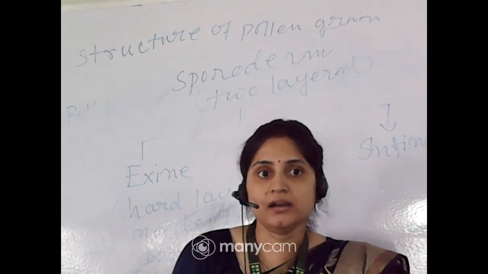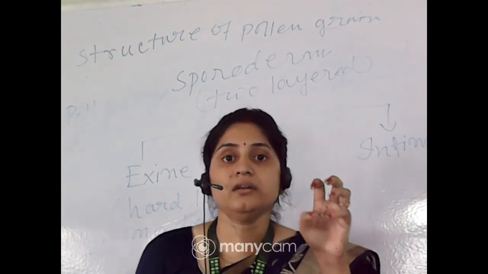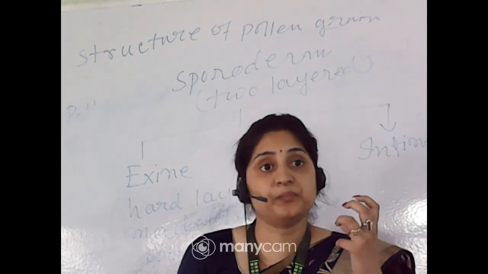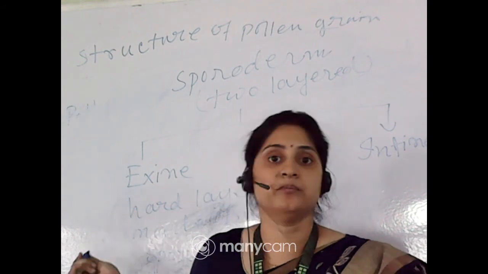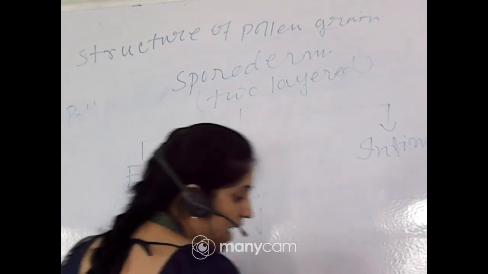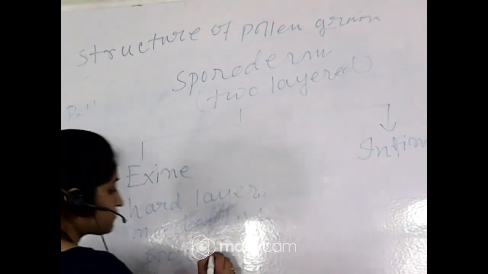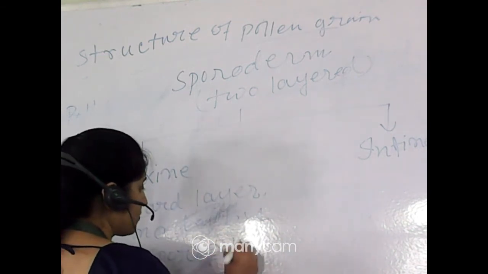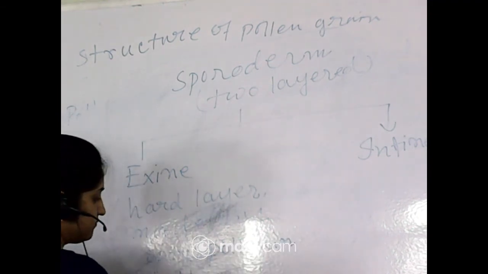In acidic, harsh conditions the pollen grain remains intact inside the sporopollenin, and you can preserve the pollen grain as a fossil for so many years because of the sporopollenin. Sporopollenin is a fatty substance.